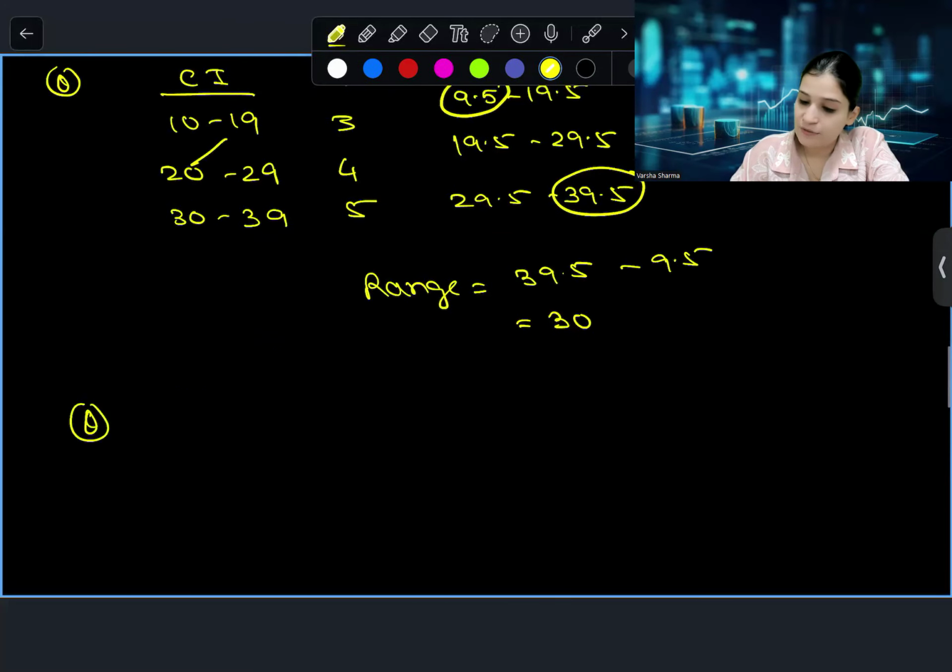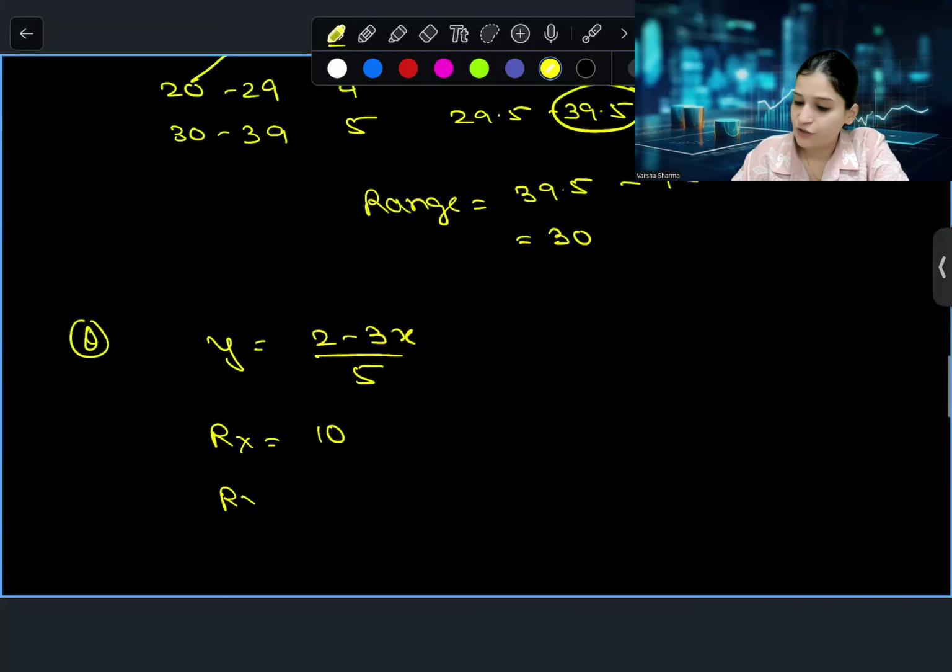Now, if I say that y is equal to 2 minus 3x divided by 5, and the range of x is 10, I want to find the range of y. As I said, whatever you add and subtract is ignored. Whatever you multiply and divide is considered. So with x, whatever you have multiplied and divided will come. Everything else vanishes and it can't be negative.